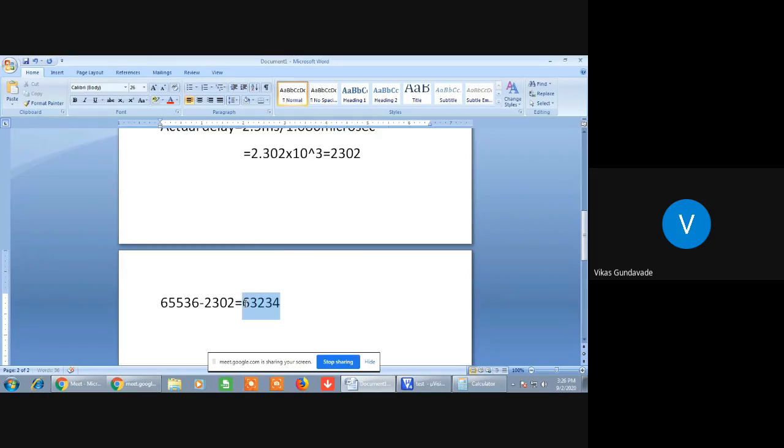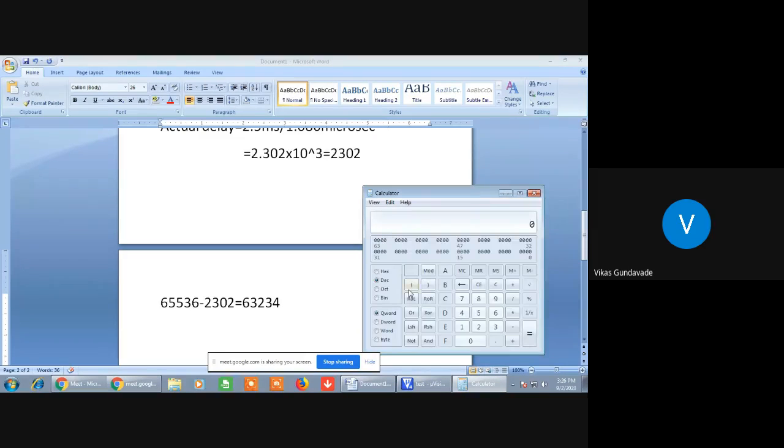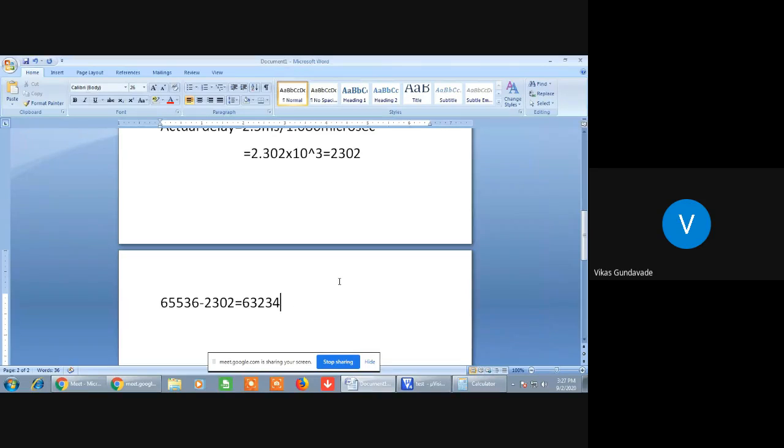That will be the actual count which we need to load into the TH and TL registers. Now we convert this value into hex. 63234, when converted into hex, is F702. So in terms of hex, it will be F702.